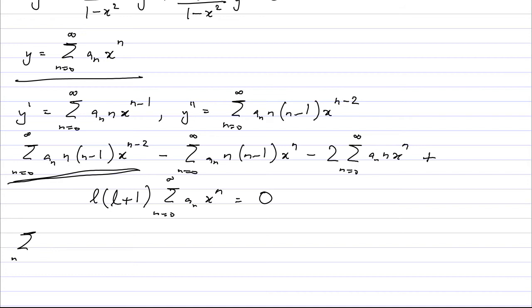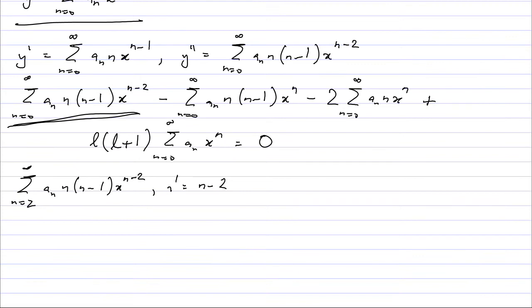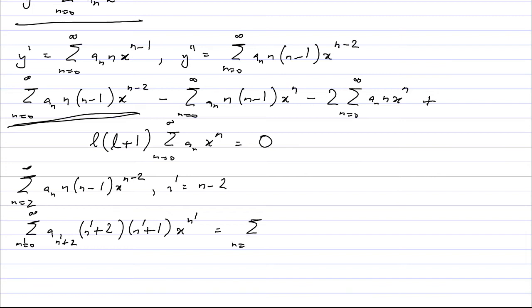You write the first term as the sum from n is equal to 2 to infinity of n(n minus 1) a_n x raised to power n minus 2. Then you define n prime is equal to n minus 2. So this thing is equal to the sum from n prime is equal to 0 to infinity of (n prime plus 2)(n prime plus 1) a_(n prime plus 2) x raised to power n prime. And of course, I can just remove the primes.